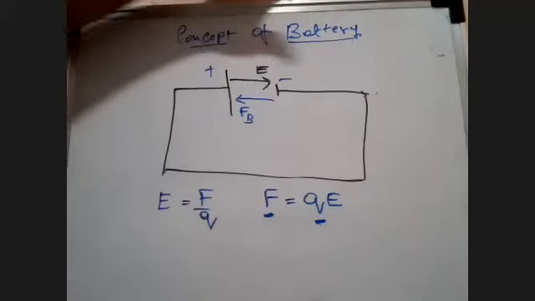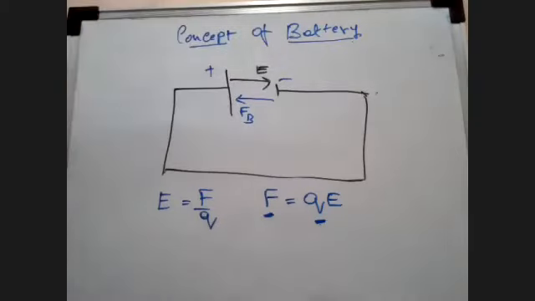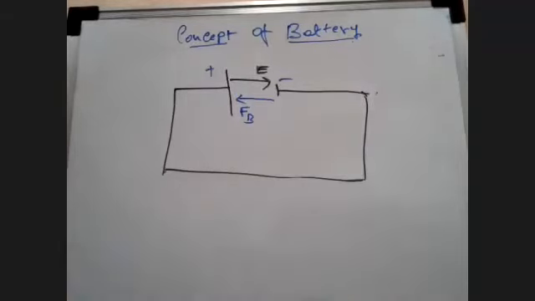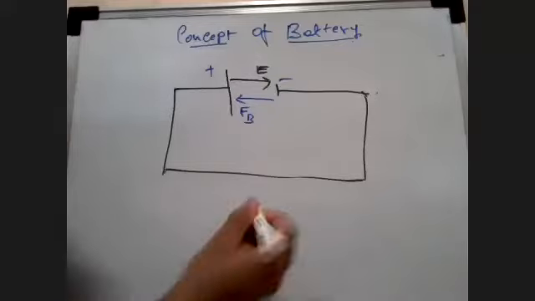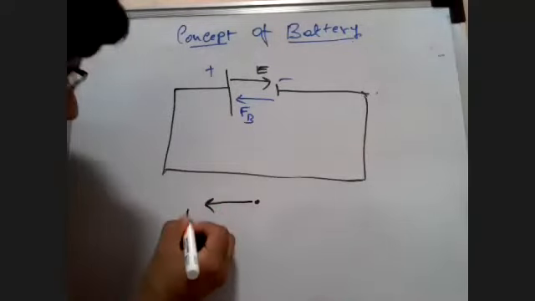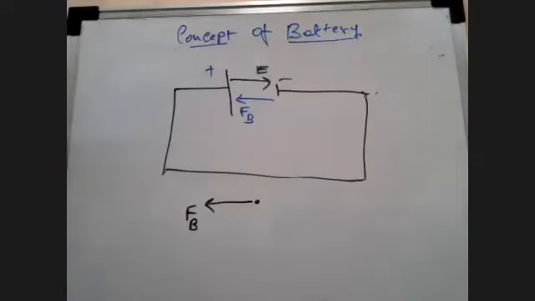The electric field reduces. If the charge reduces, the electric field will reduce, and so the electrostatic force will reduce. So if I draw again a positive charge right over here, of course the force developed by the battery, Fb, is going to be constant, because there are chemical reactions going on inside.